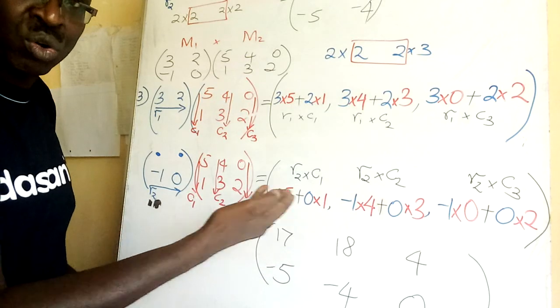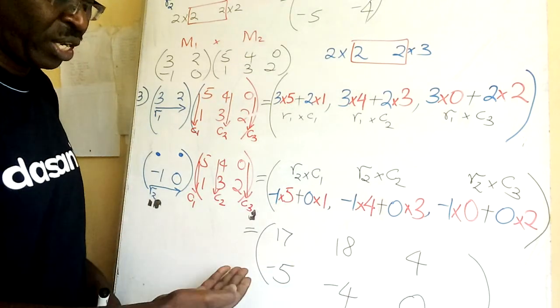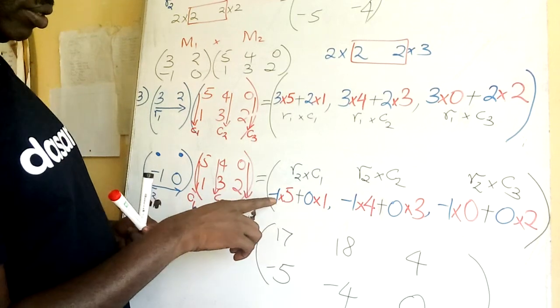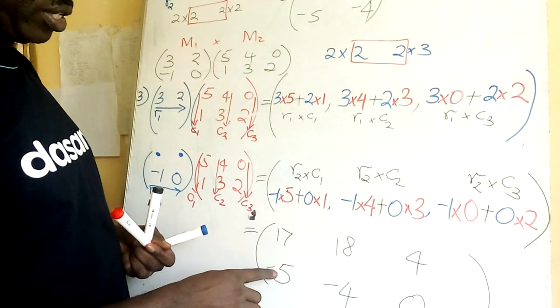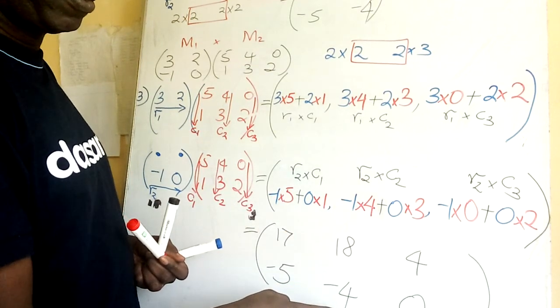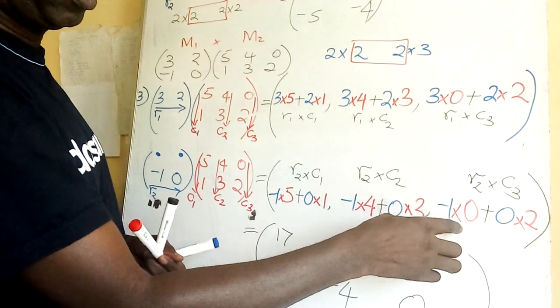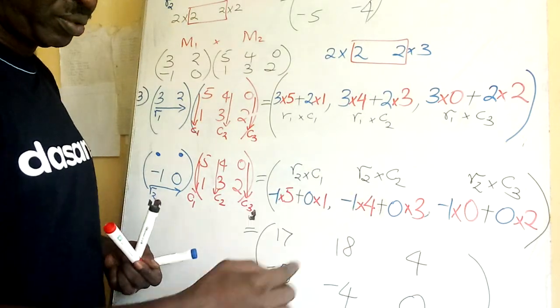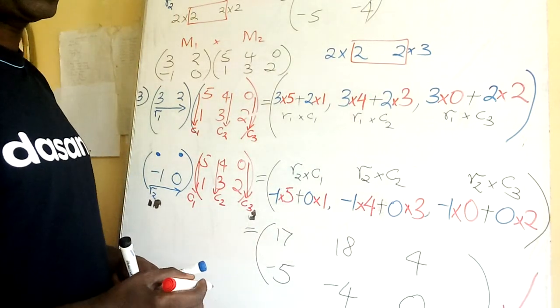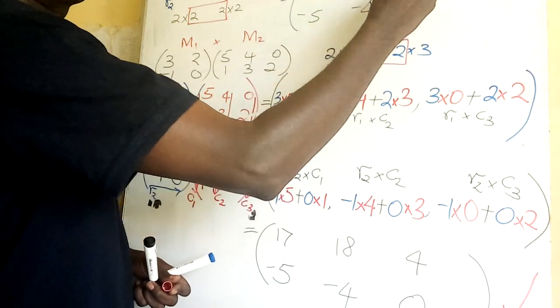Then come to row 2. Row 2 is here. Okay? -5 plus 0, -5. -4 plus 0, -4. -0 and 0 is 0. So this is our answer. This was our answer.